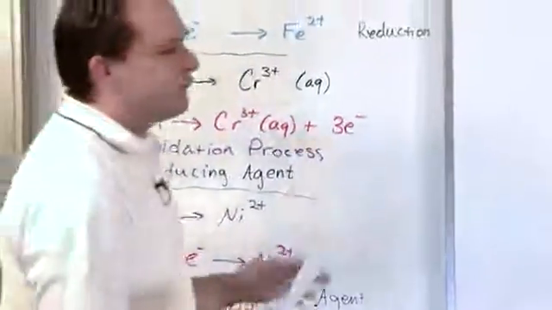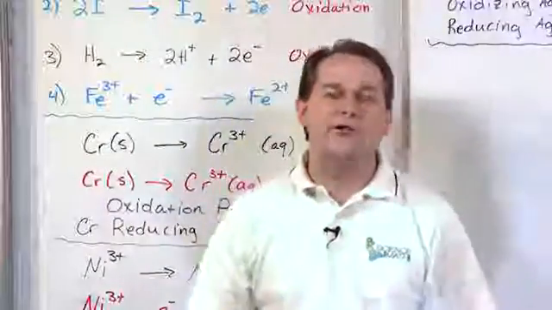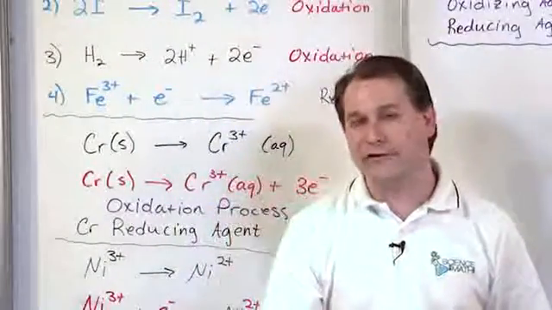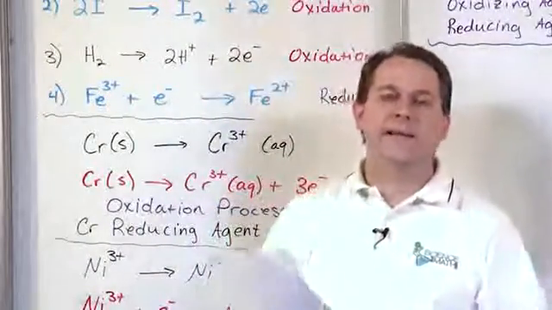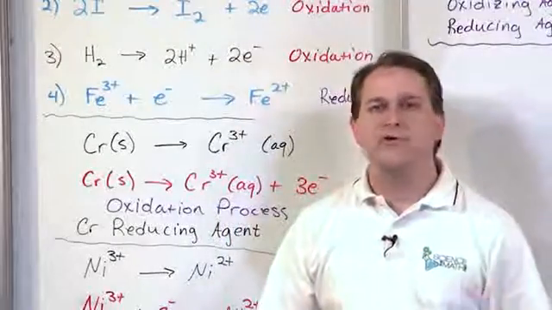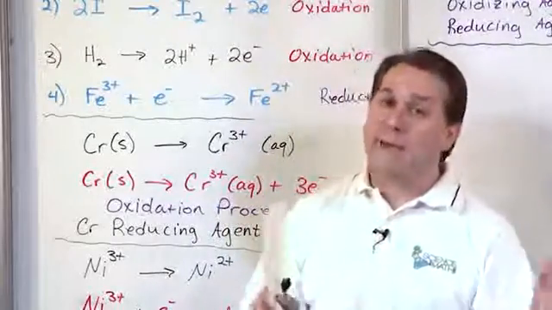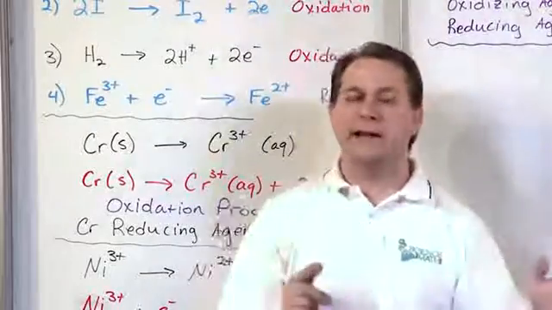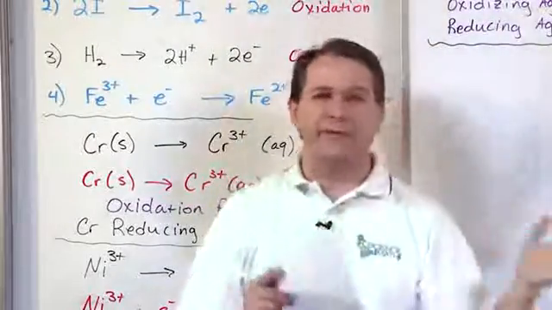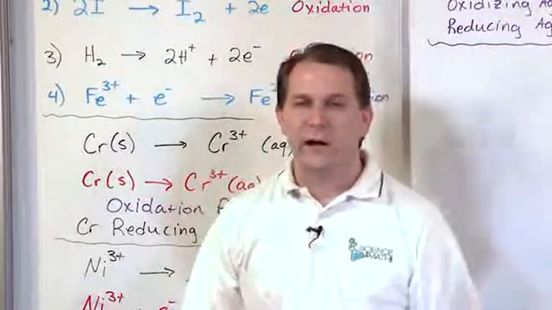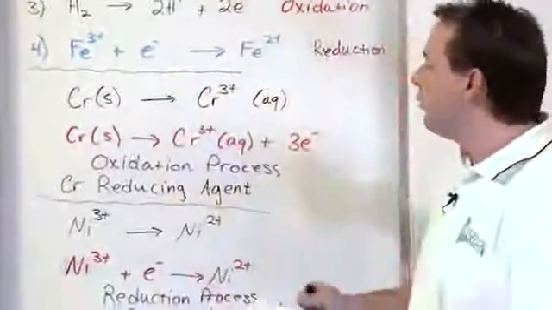So this is a good introduction to half reactions, trying to understand what half reactions look like, and also balancing half reactions for both mass and charge. We're making sure the atoms are the same on both sides of the yield sign, but also that the charge is balanced.